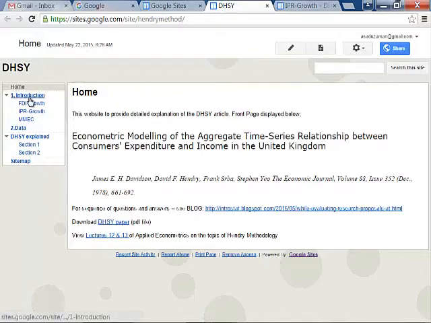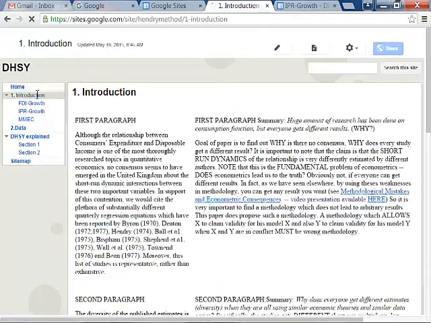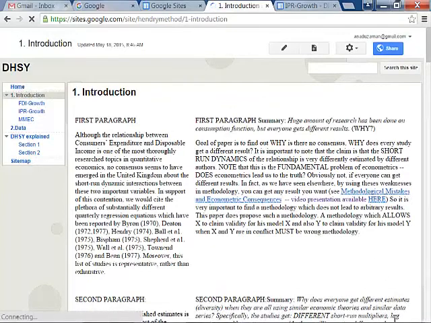This paper starts by saying that the Keynesian consumption function is one of the most thoroughly researched topics, but there is no consensus. Everybody who estimates the consumption function comes to a different result. And these different results are very important because they determine the investment multiplier, the marginal propensity to consume.